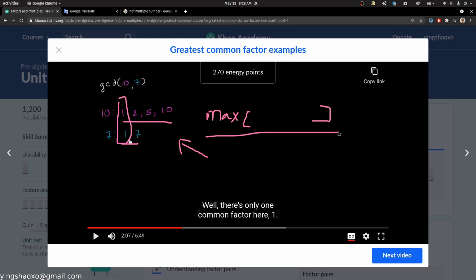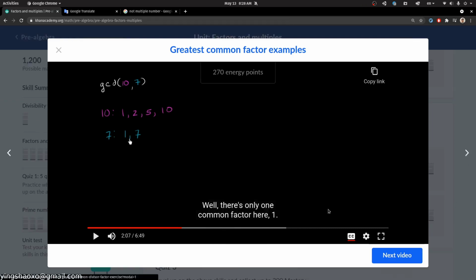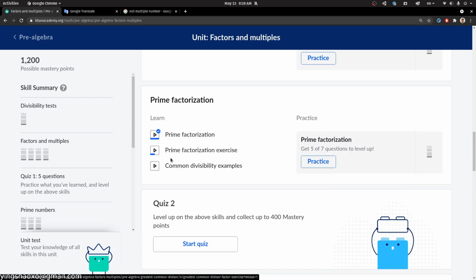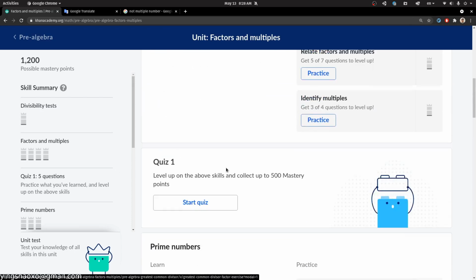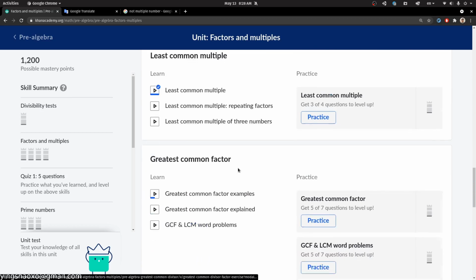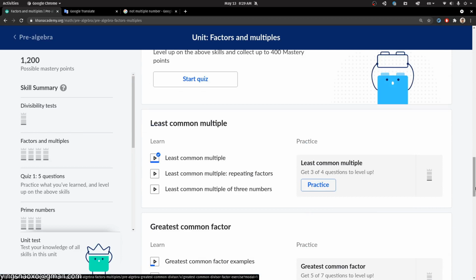Then that's the value that we want to get as the greatest common factor. This one is simple. If you want to write such a program, the most important part for your program is to find the prime factorization list for a number. But I guess it's not a hard problem if we really want to make such a software or program or function.